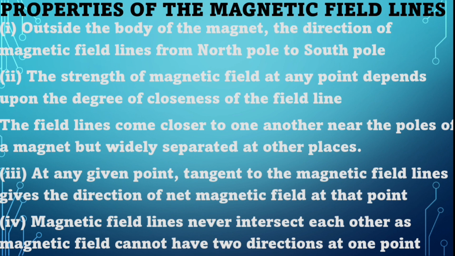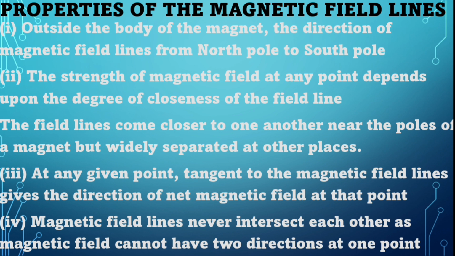The field lines come closer to one another near the poles of a magnet but are widely separated at other places. Number 3, at any given point, the tangent to the magnetic field line gives the direction of the net magnetic field at that point.